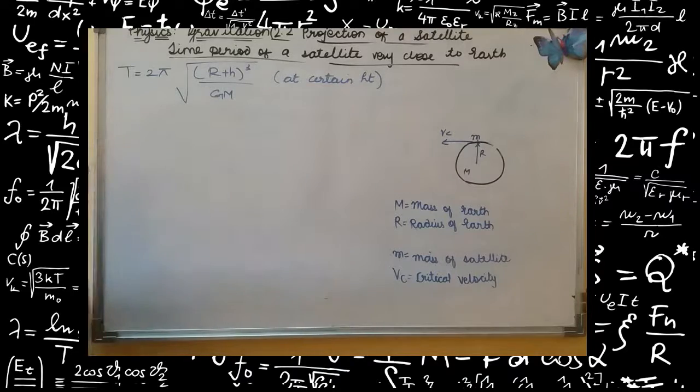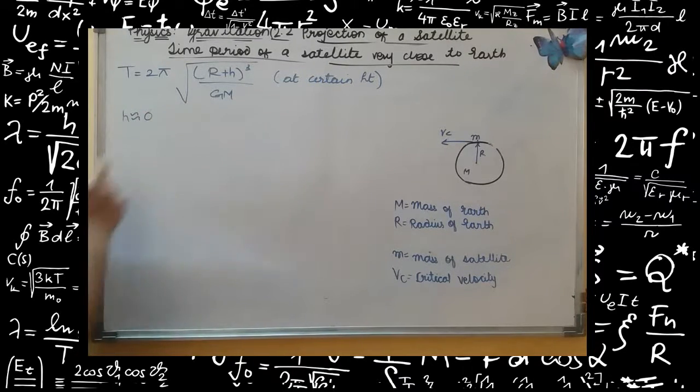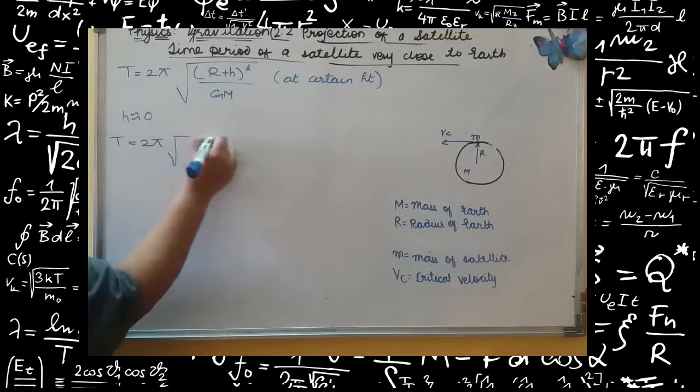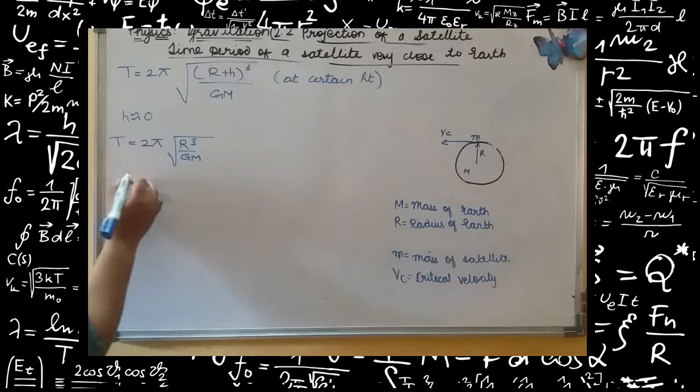We are given the question where the satellite is very close to Earth, so no need of writing h. That means h is equal to 0. There is no height at the end, so h is equal to 0. This equation becomes T is equal to 2 pi under root of R cube upon GM. Correct?